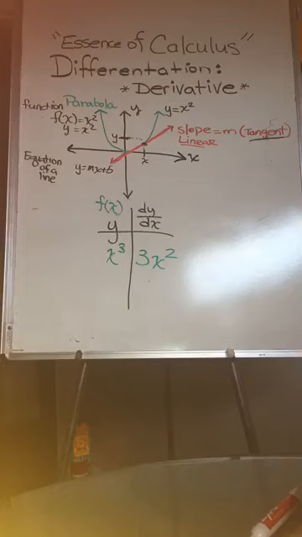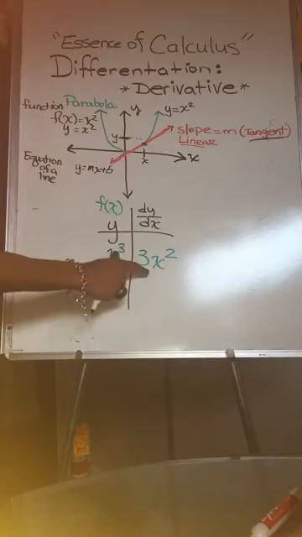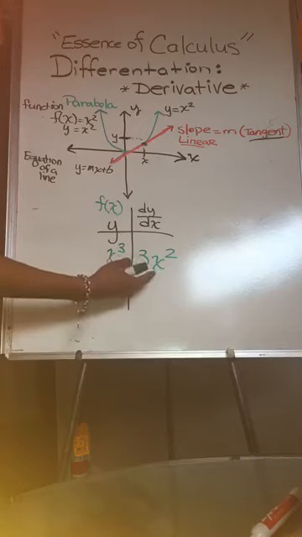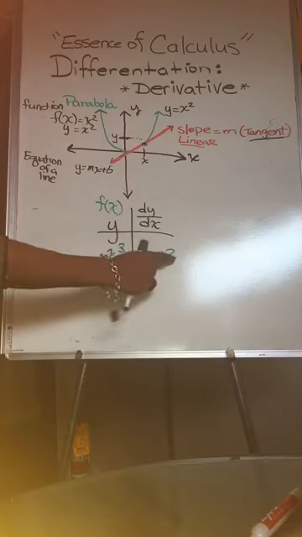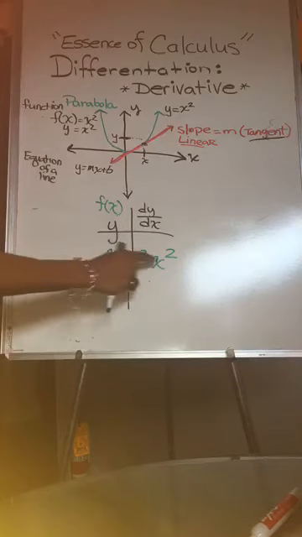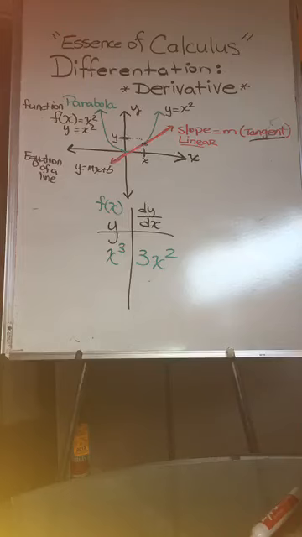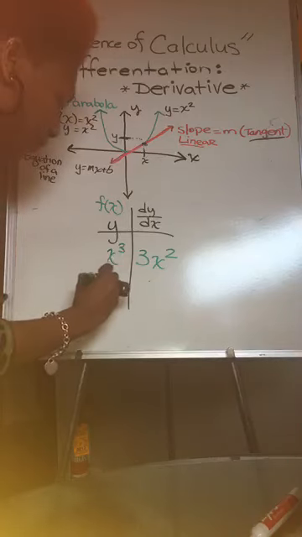It's a function. So I differentiate by saying 3 now becomes my constant. It comes in front of the x, and you're subtracting 1 from 3, which gives you 3x squared.